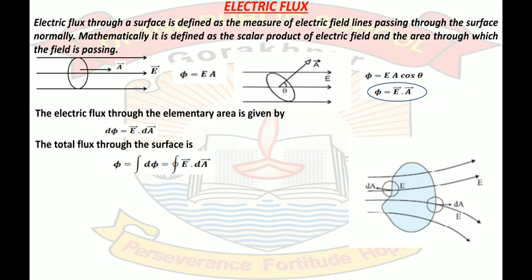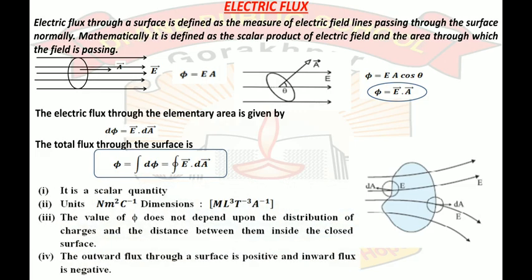There is some more important information about flux. Let us see that. The first thing is, it is a scalar quantity, because it is the scalar product of E vector and A vector. Second, its unit is Newton meter square per coulomb, and its dimension is M L cubed T to the minus 3 A to the minus 1.